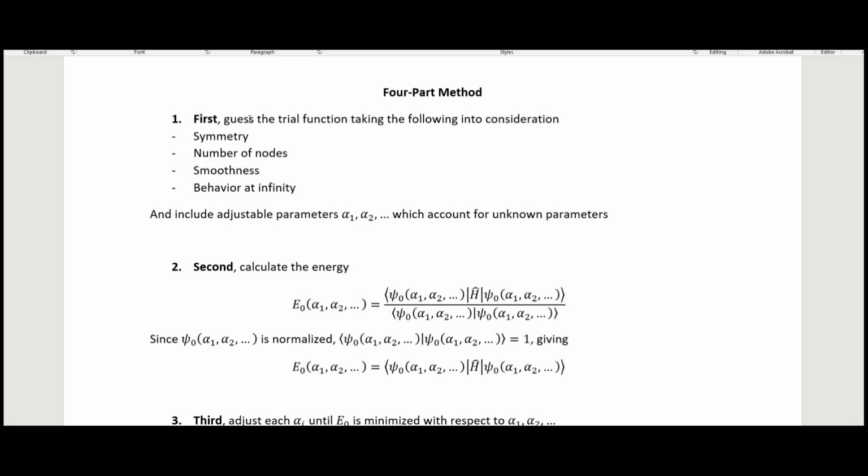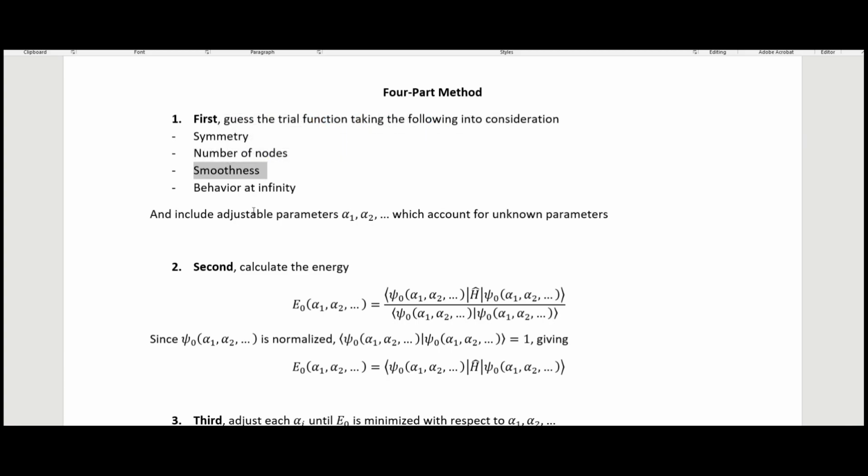But essentially, the first thing we want to do is guess the trial function. And so we do want to take a few things into consideration. When we come up with a trial function, we want to know the symmetry of it, whether it's an even symmetry or an odd symmetry. We want to know the number of nodes.